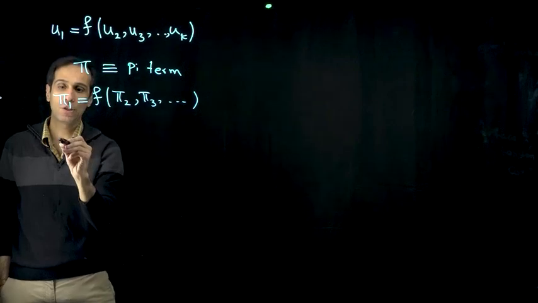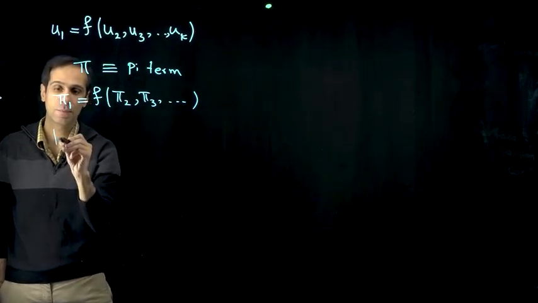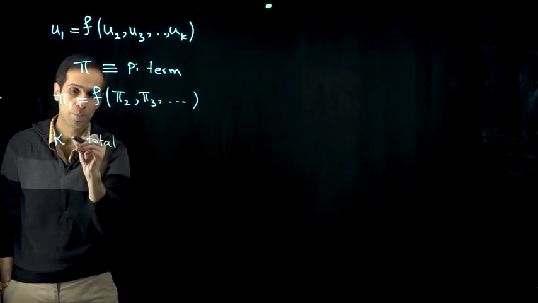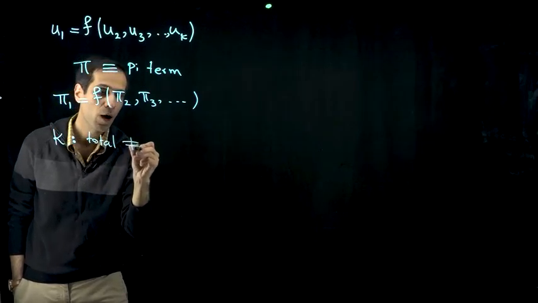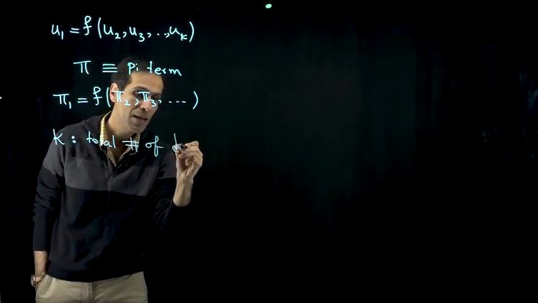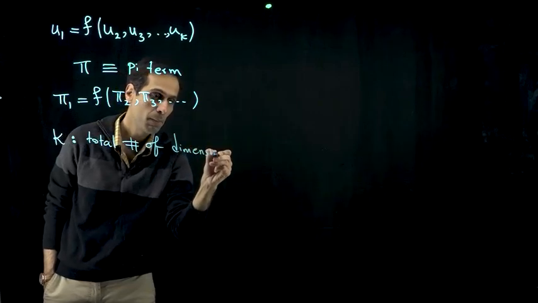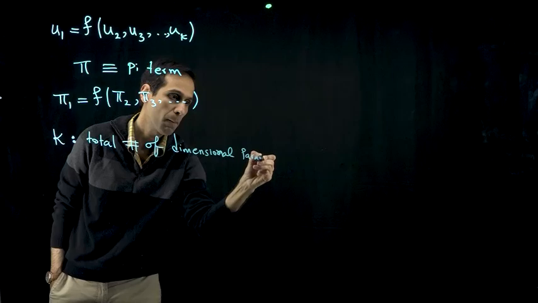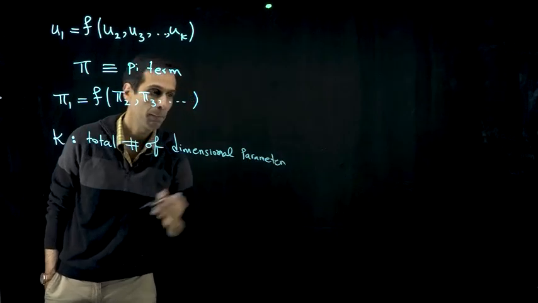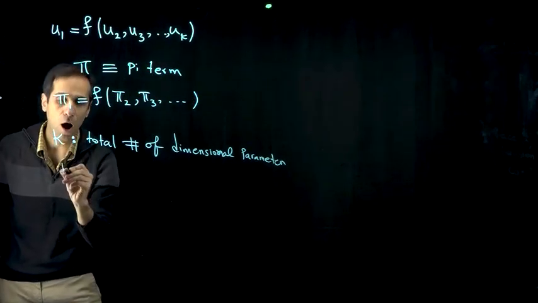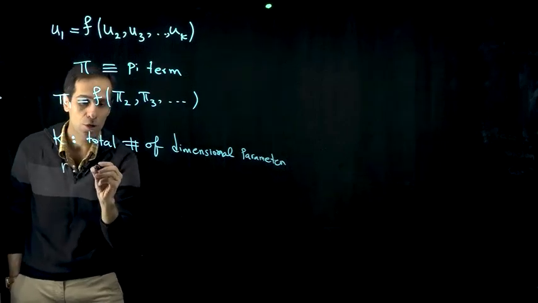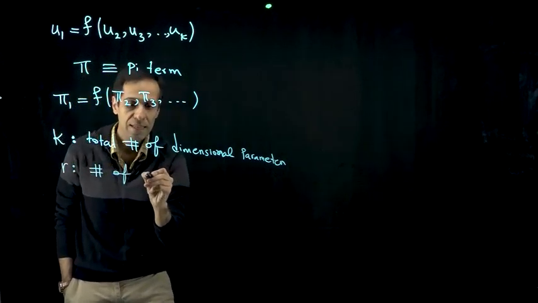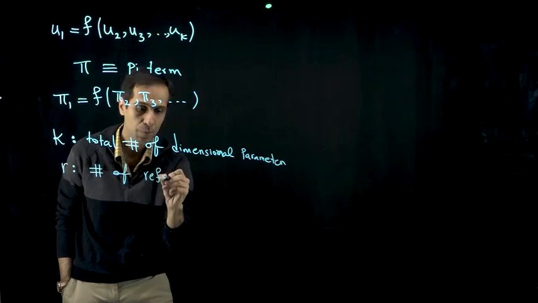If k is the total number of dimensional parameters, then R is the number of references.